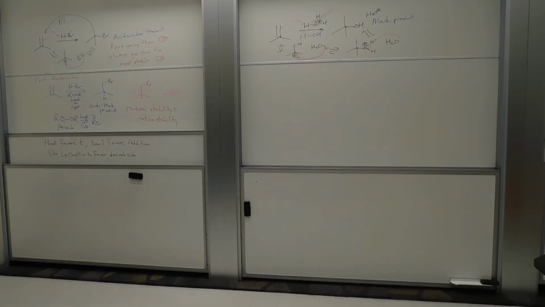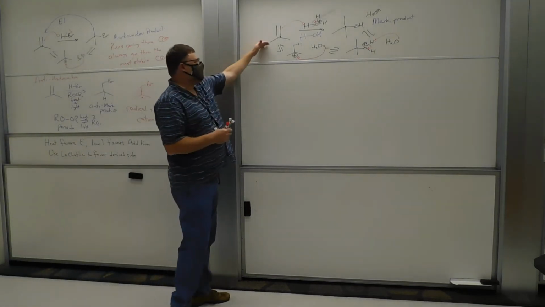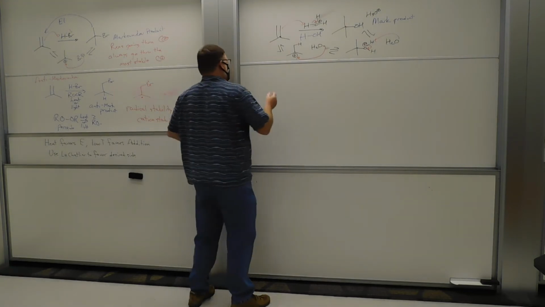But the business of science is figuring out how to give us more options. If there's something we know how to do, and something complementary that we don't know how to do, if you can figure that out, there'll almost certainly be a market, because there's already a market for that first thing. Okay. So how do we do an anti-Markovnikov addition of H2O?